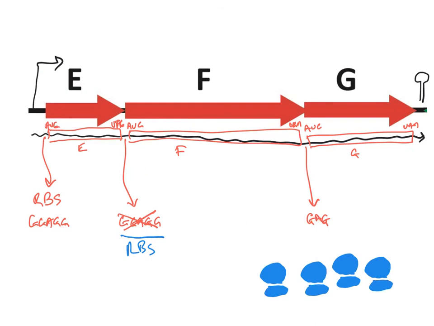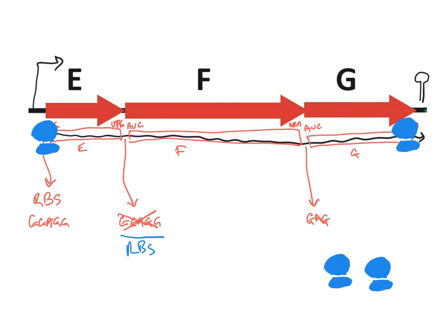So what do you think is going to happen? The ribosome can still bind here and translate this gene. It can still bind here and translate this gene. But it can't find where to go here. There's no ribosome binding site, so it never jumps on there. So we'll only ever get proteins made from this gene and from this gene.